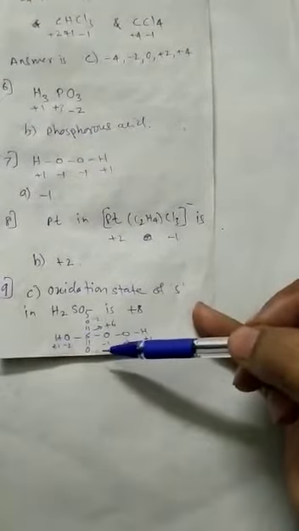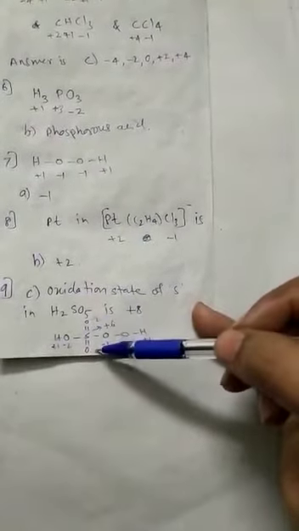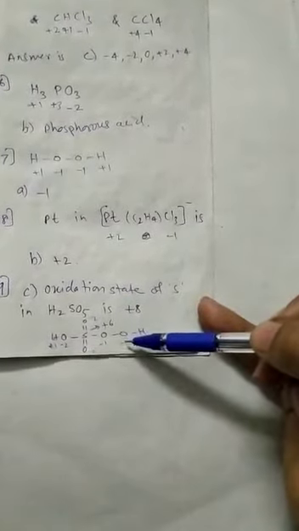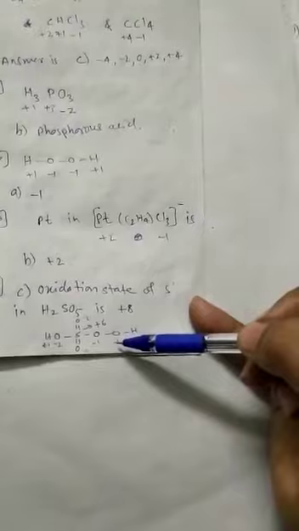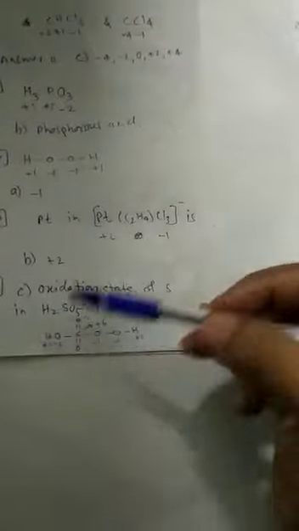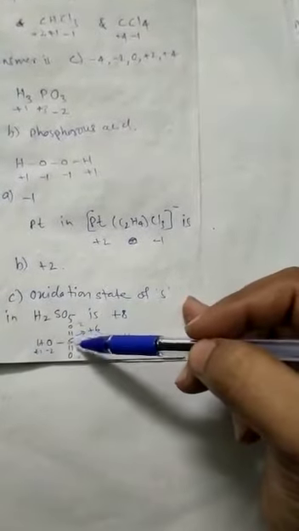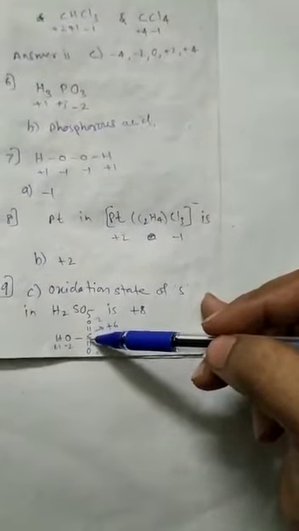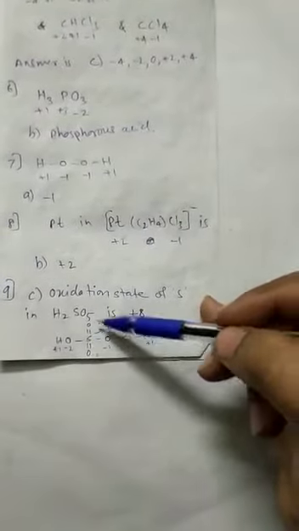In this way there are -2, -4, -6, -7 and -8 signs. To neutralize these -8, we have +1, +1 of these, that is +2, and +6 of sulfur. It means the oxidation state of sulfur in this formula is +6 and the statement is wrong.